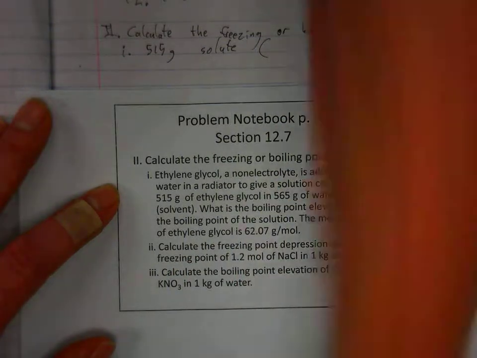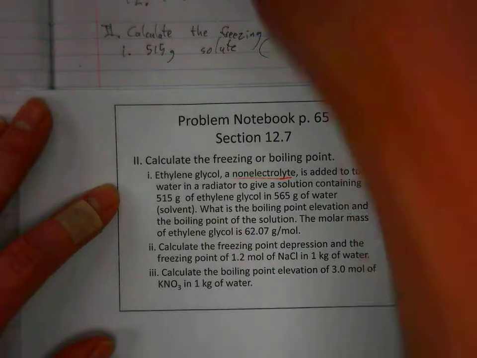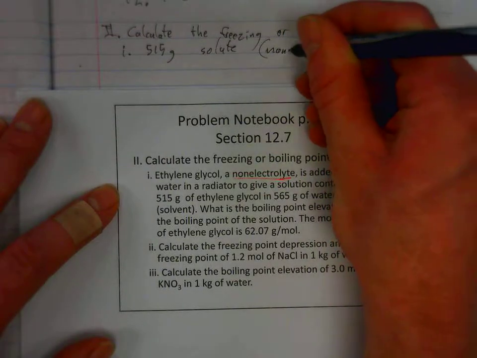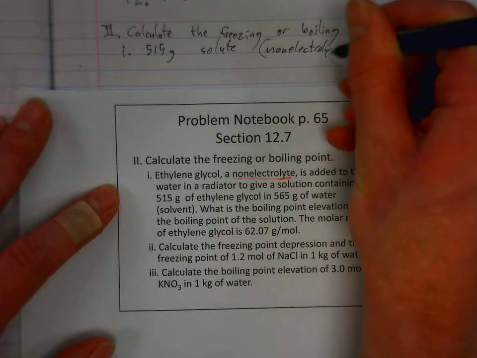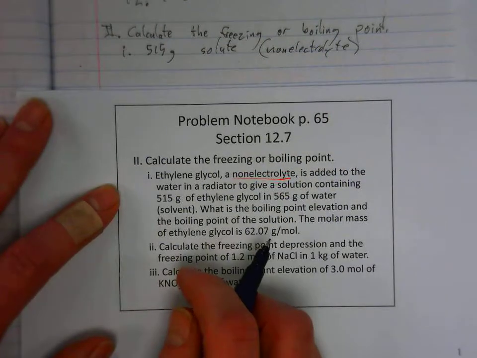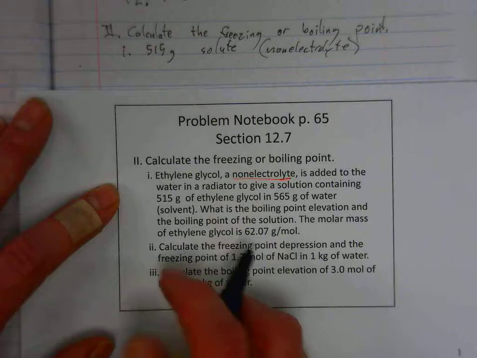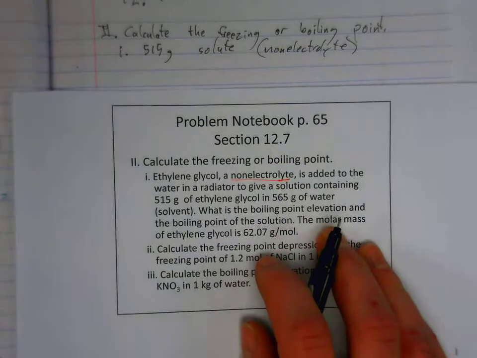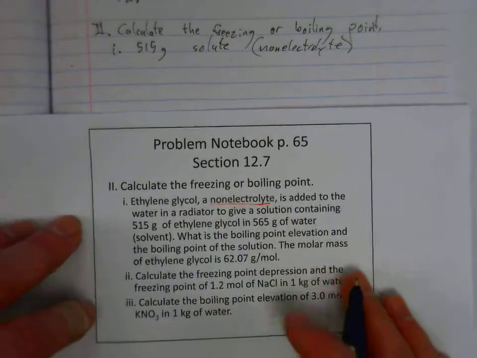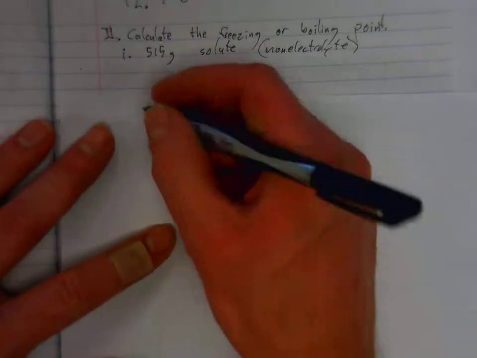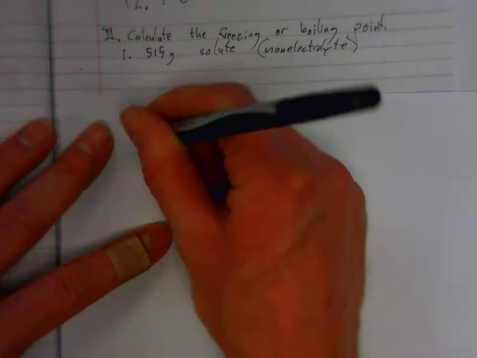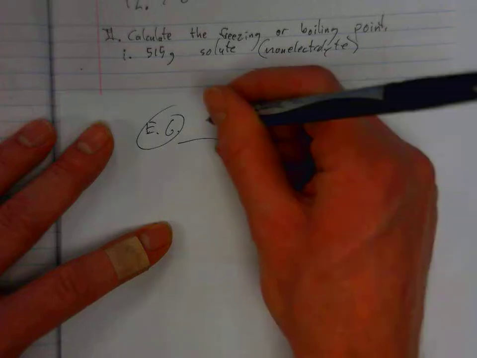But what does that mean? A non-electrolyte, we saw earlier, is something that does not dissociate. So when we put ethylene glycol into water, you might have 1 mole before you put it in water, and you still have 1 particle mole of ethylene glycol.